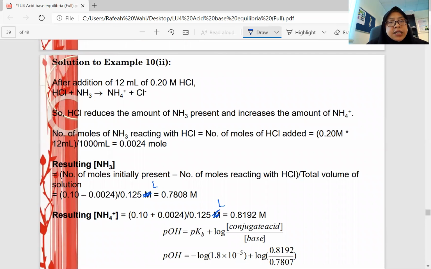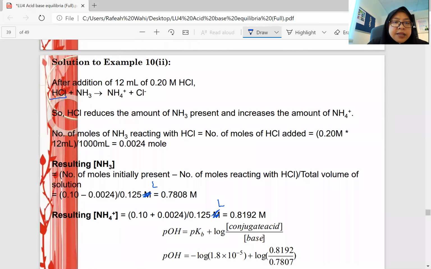So after the addition of 12 ml of 0.2 molar HCl, this is the equation. You have HCl reacting with NH3. HCl is an acid and NH3 is a base, so it will result in the ammonium ion with the chloride ion.